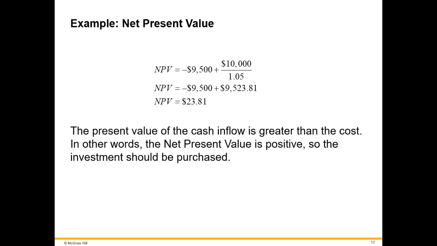So since this is a positive result, you're only paying $9,500 for something that really has a value today of $9,523.81. You would buy it. So we use present value to determine if we should invest in different things in our companies.